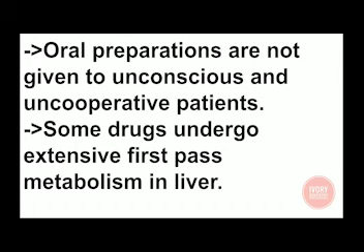The oral preparations are not given to unconscious and uncooperative patients. Some drugs undergo extensive first-pass metabolism in the liver. This means first-pass metabolism is the phenomenon in which the drug is absorbed before it gets reached to the desired site.